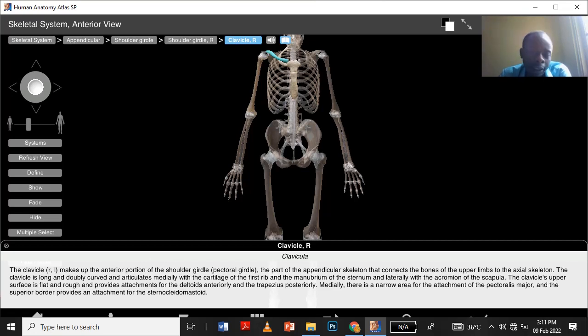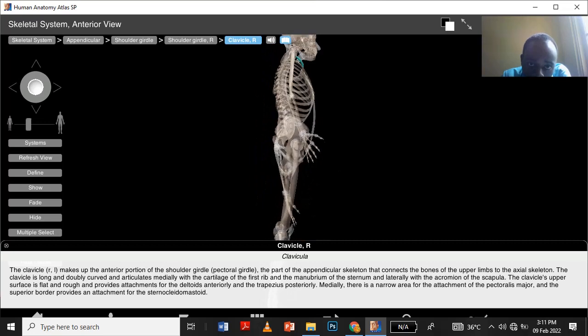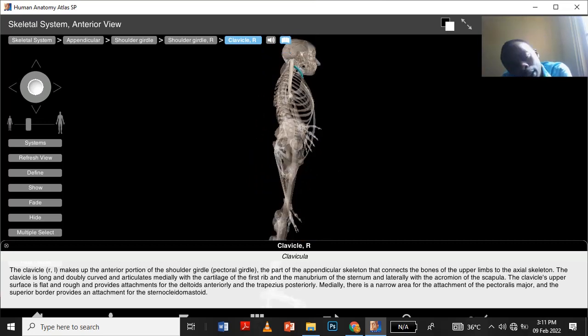Also, when we look at the inferior view of the clavicle, it has some specialized grooves that give attachment for muscles like the trapezoid and also a groove which provides attachment for the subclavius muscle, and so on and so forth.